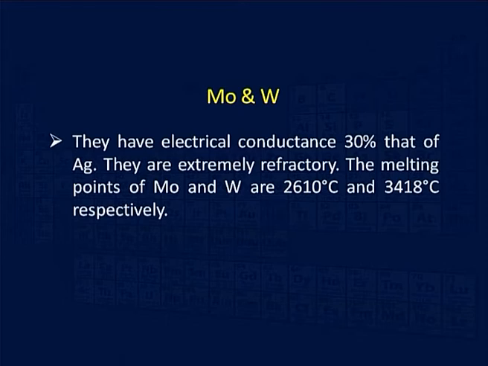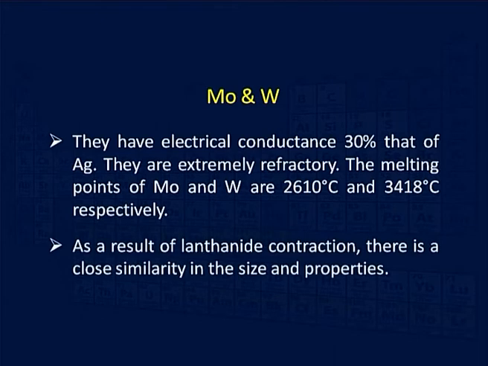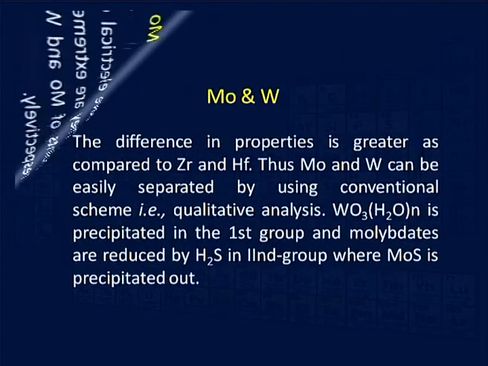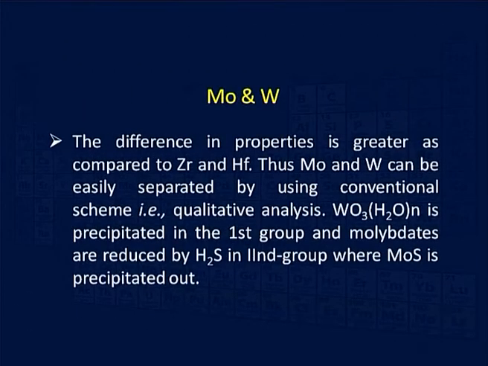They are extremely refractory, and as I said, they have very high melting points. As a result of the lanthanide contraction, there is a close similarity in the size and the properties of these metals. The difference in property is greater as compared to zirconium and hafnium. Thus, molybdenum and tungsten can be easily separated by using a conventional scheme.